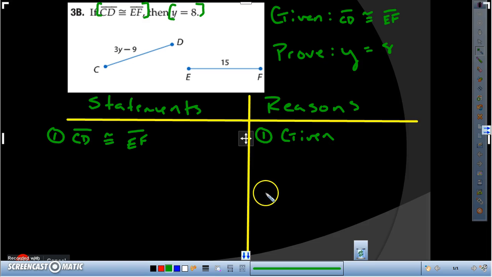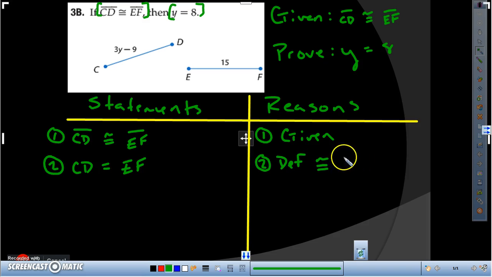And like I said, at some point we've got to go from congruence to equality, and that's going to be immediately in step 2. If I know 2 segments are congruent, I can also say that they are equal. And this is the definition of congruent segments. Very similar to using the definition of congruent angles in my last proof.